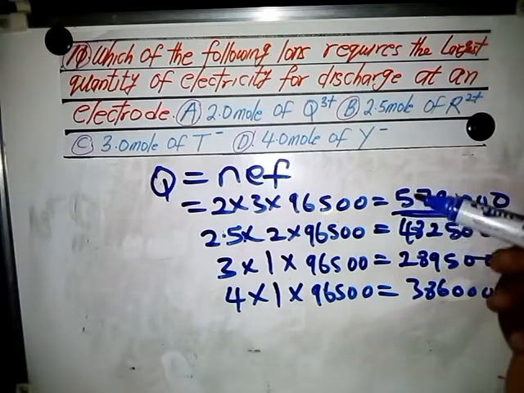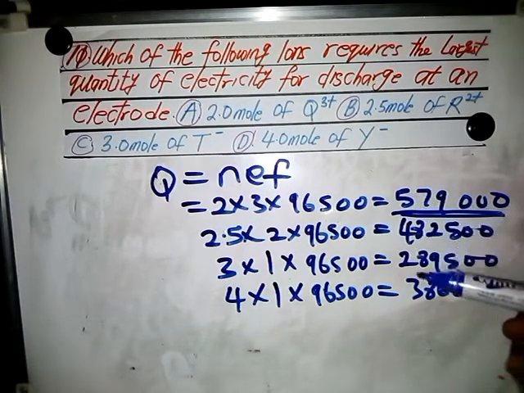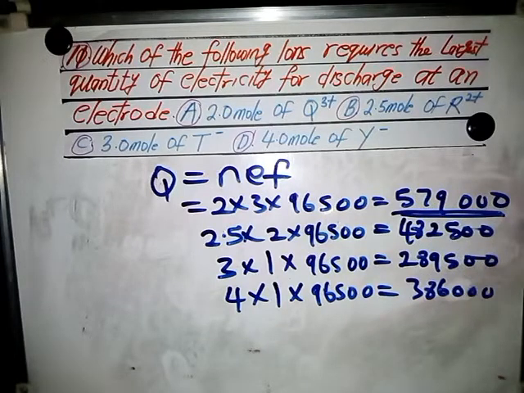579000 is decreasing. In fact, Faraday's second law is saying that when the same quantity of electricity is passed through solutions of different electrolytes, the relative number of moles of electron discharge is inversely proportional to the charge on the ion.